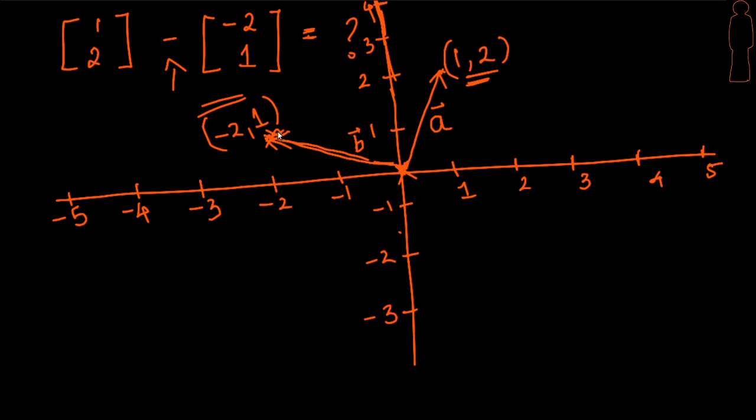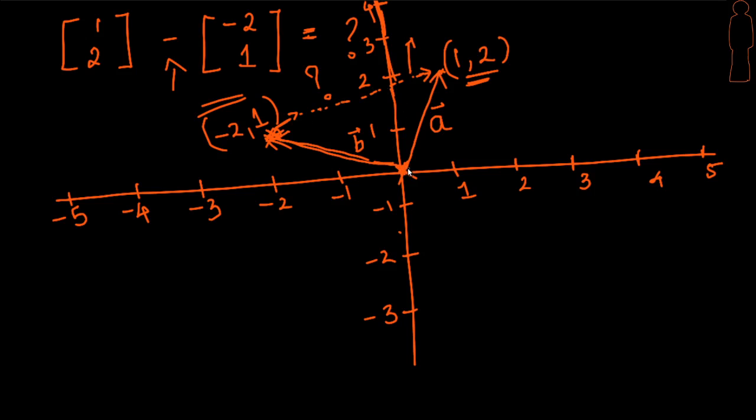Let's ask ourselves, how much do I need to move from this point so that I can reach this point (1, 2)? How much should I move here, and in what direction? So what vector should this be is the question, right?